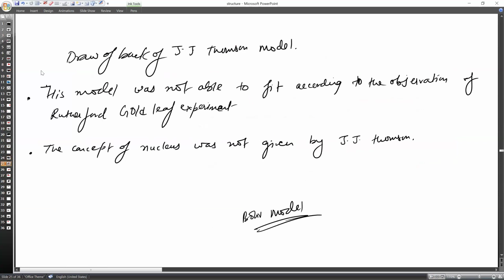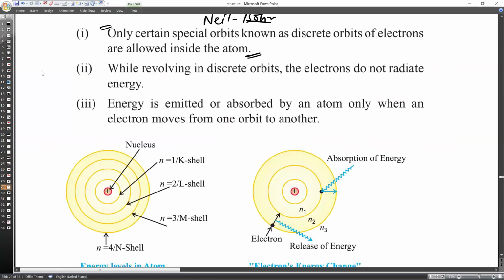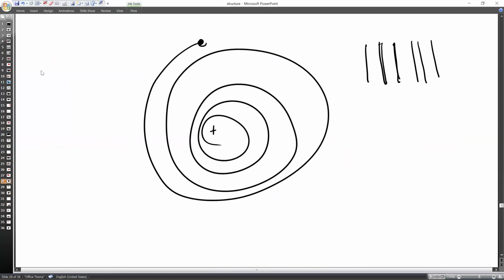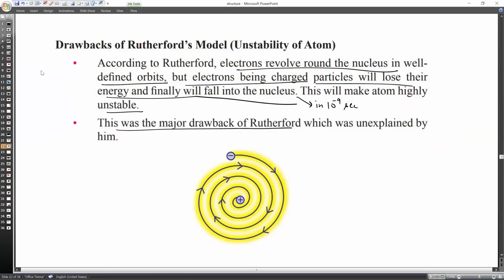Write down the drawbacks of Rutherford model, please.